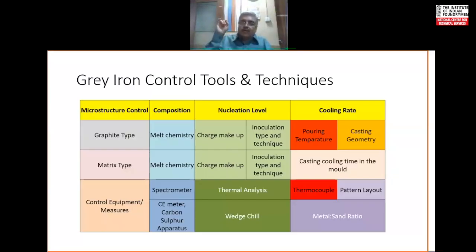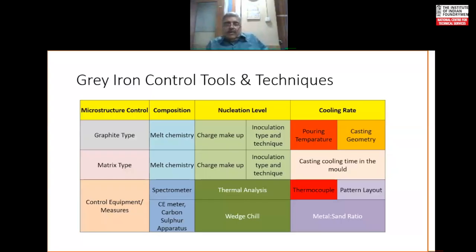Coming to the casting geometry, not only a single casting geometry and its section thickness variations have impact on cooling rates. The layout of the pattern matters too. See, many times in iron foundries, if your pattern plate is large enough, you will have multiple cavities.